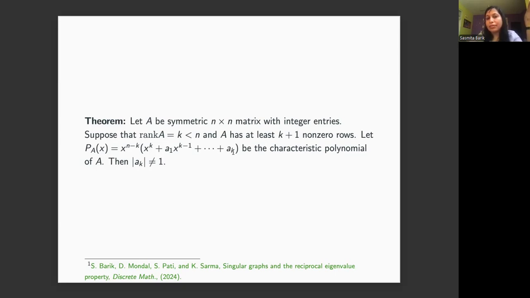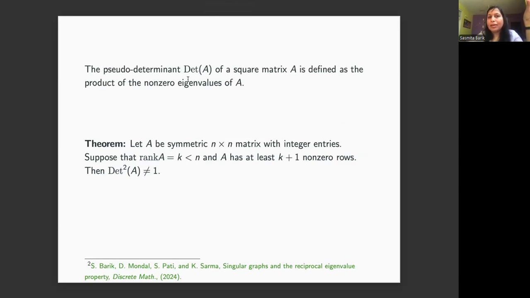What we observe can be generalized to any symmetric matrix with integer entries. So if you take a matrix A that has integer entries and rank of A, let's say k, and this is the extra assumption that you have to take, that A has at least k plus 1 non-zero rows. Then the characteristic polynomial of the matrix takes this form, since rank is k, and this last coefficient cannot be plus 1 or minus 1. So this is true for any symmetric matrix with integer entries.